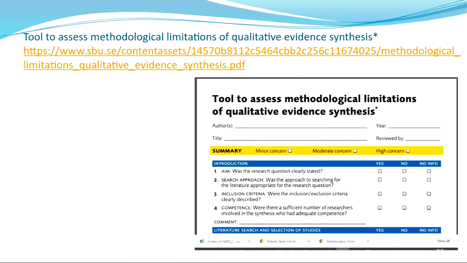And that same organization has also produced this very useful quality assessment checklist for assessing methodological limitations, not of an individual primary qualitative study, but more unusually of a qualitative evidence synthesis in its entirety. So this helps us see whether a review has been done well or not. And even though this is an experimental tool, it's unique of its kind at the moment, so is well worth checking out.